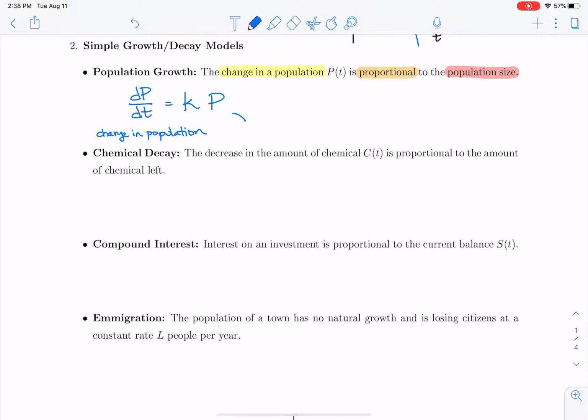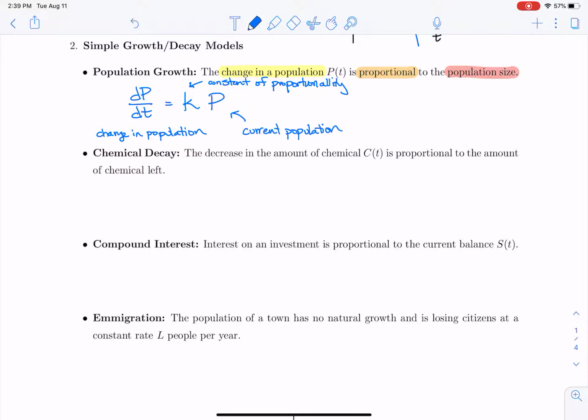Here P is the current population, and k is the constant of proportionality. So dP/dt is k times P.